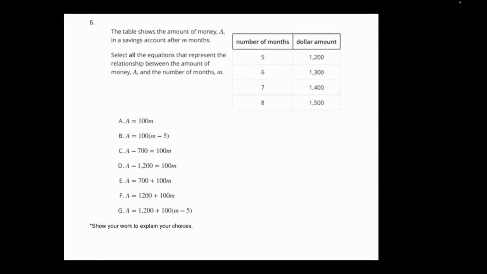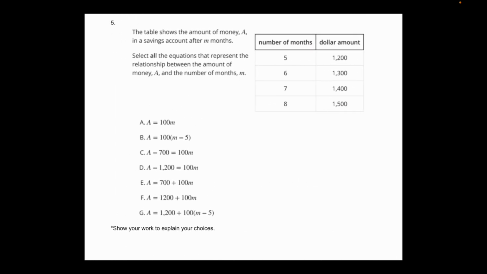Now the table shows the amount of money A in a savings account after M number of months. We want to select all equations that are representative of the relationship between the number of months and the amount of money. We have 5 and 1200, 6 and 1300. I am seeing that these are going up by 1, and it looks like these are going up by 100 as we go, and we can check that pattern.